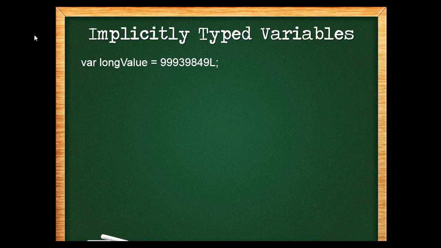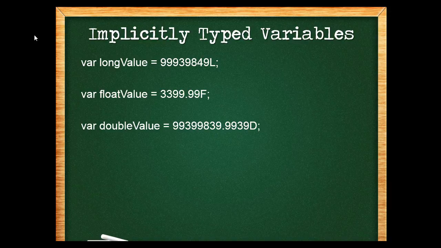Similarly, for float we use a capital F suffix, for double a capital D, and for decimal a capital M. M stands for money, because the decimal type is usually used to store high-precision currency values.